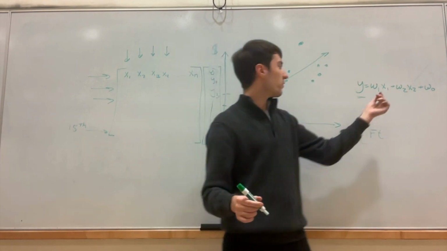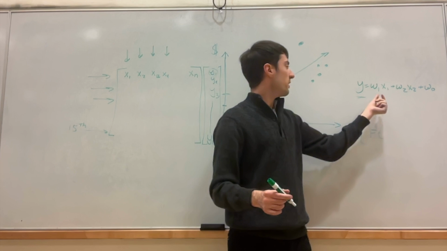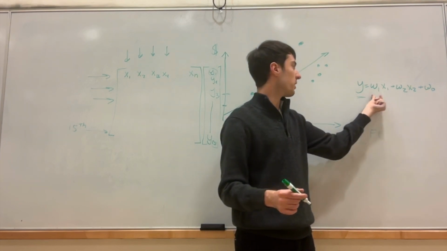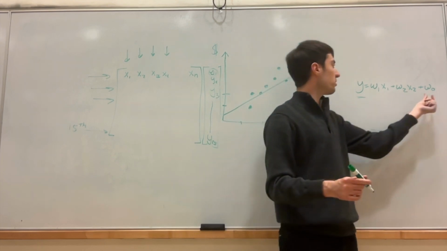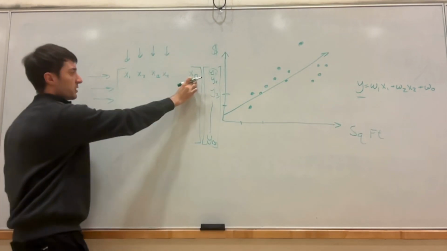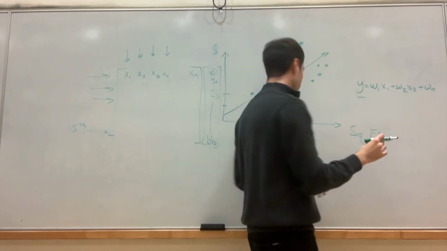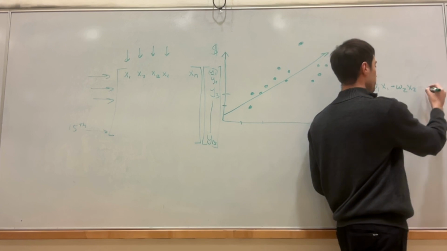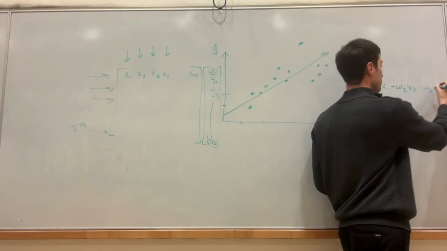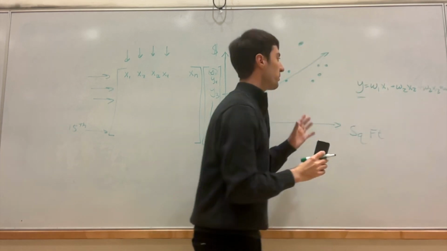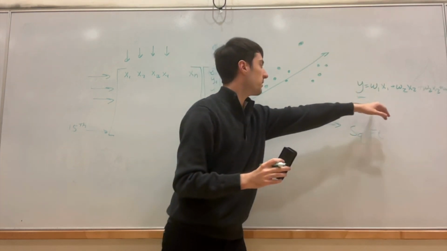That means each of the inputs is multiplied by a single scalar value, so W1, W2, and in this case up to n. We would add more: plus W3 x3 plus W4 x4, like that. We would have multiple terms, right?